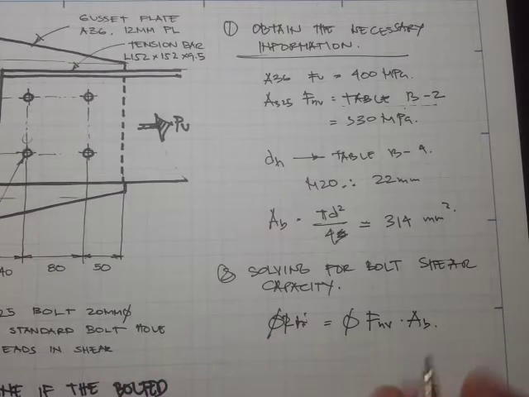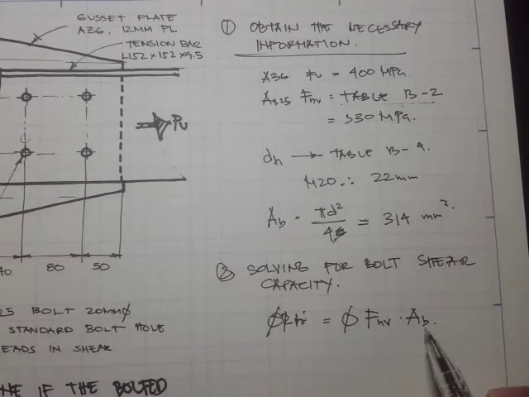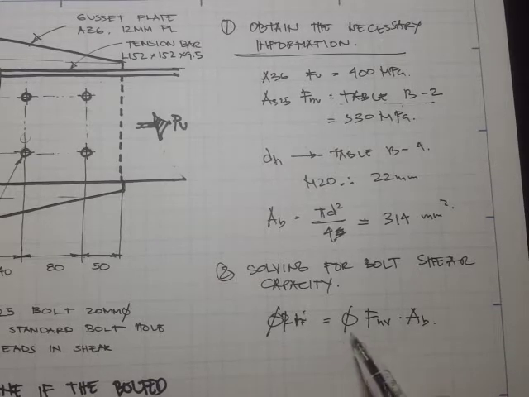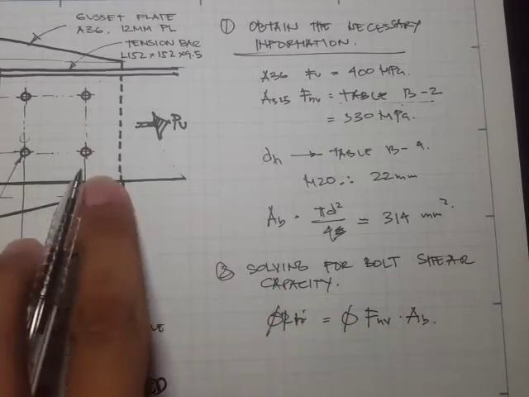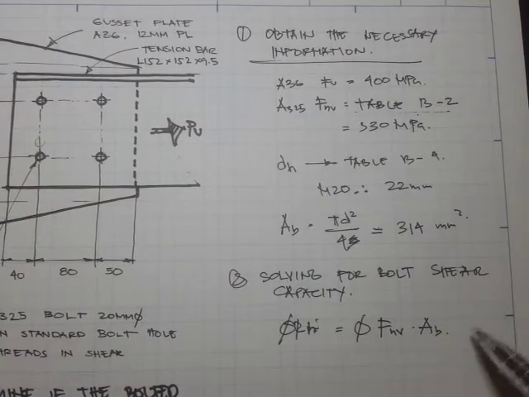To take note, for now we are just calculating the shear capacity of a single bolt only. So if we have 4 bolts over here, then we have to multiply that by the number of bolts.